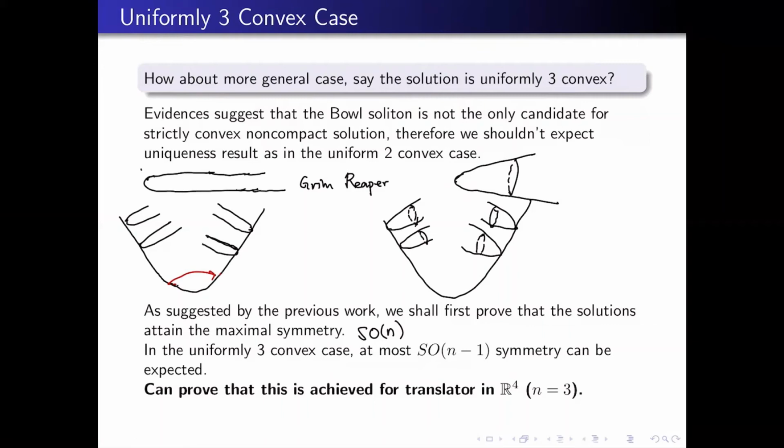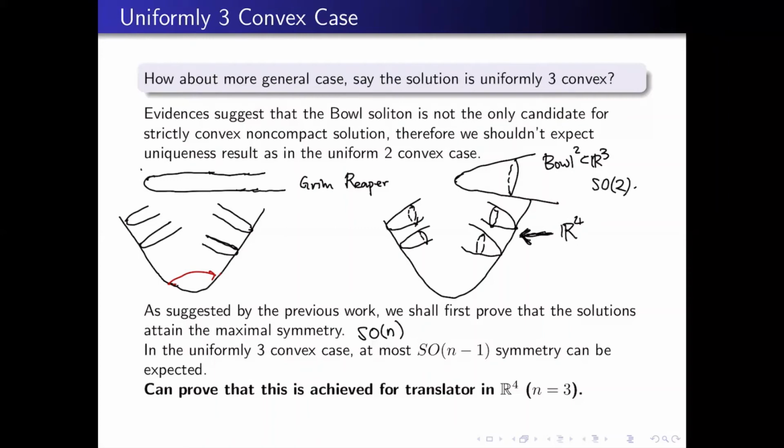Because, for example, in R4, this solution that we have described, although it has not been rigorously constructed, is based on a two-dimensional bowl soliton in R3, and then we did all this gluing process. But the two-dimensional bowl only has SO(2) symmetry.